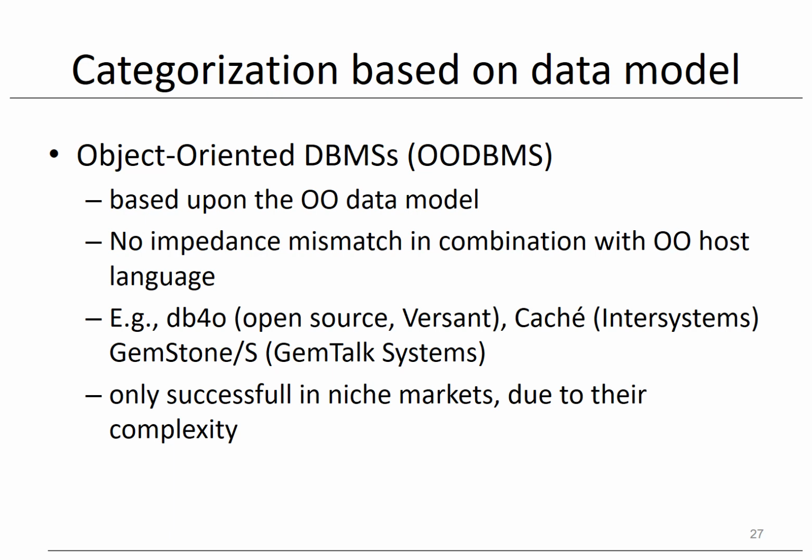Examples of OODBMSs are DB4O, which is an open source OODBMS maintained by Versant, Caché from InterSystems, and GemStone/S from GemTalk Systems. OODBMSs are not that popular in the industry beyond some niche markets due to their complexity.